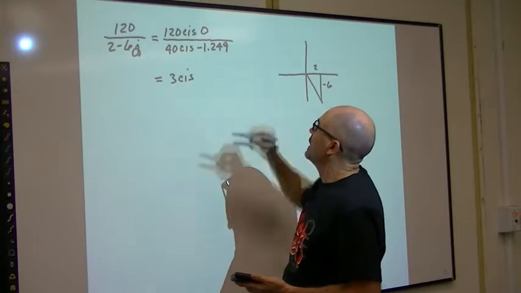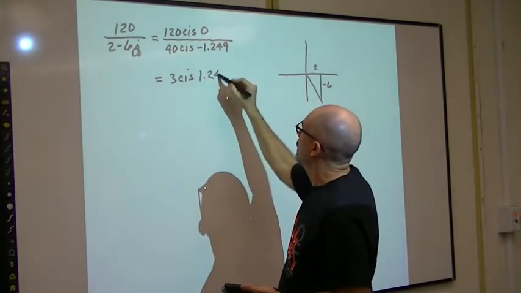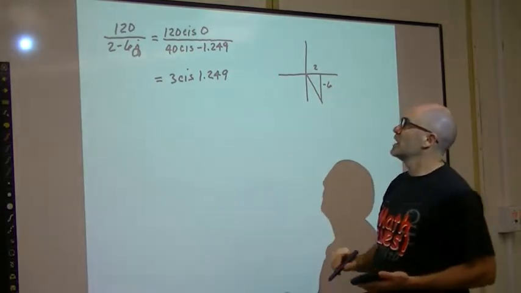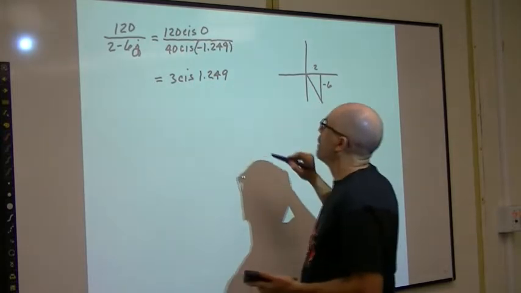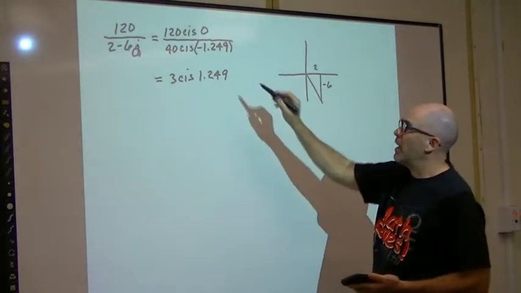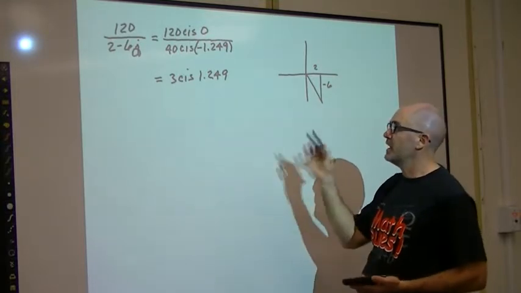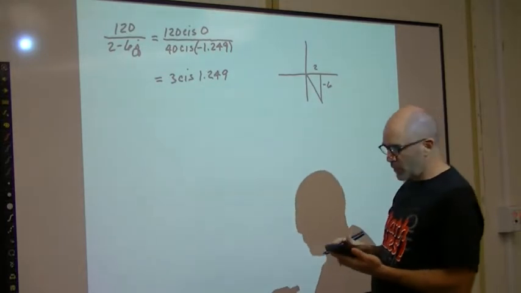Now 0 minus a negative 1.249 is just 1.249. That's why I didn't bother changing the negative 1.249 into a positive. I could have added 2 pi to clean it up, but it was just an intermediate step. So now I have 3 cis 1.249.